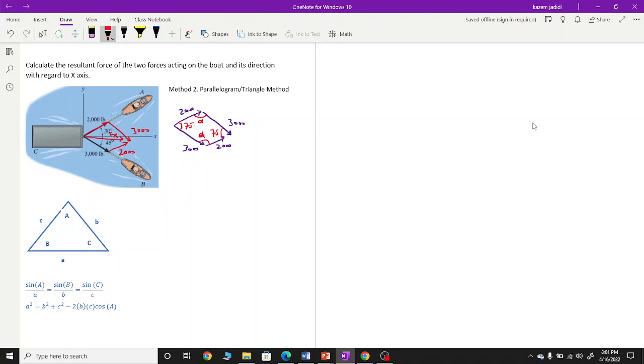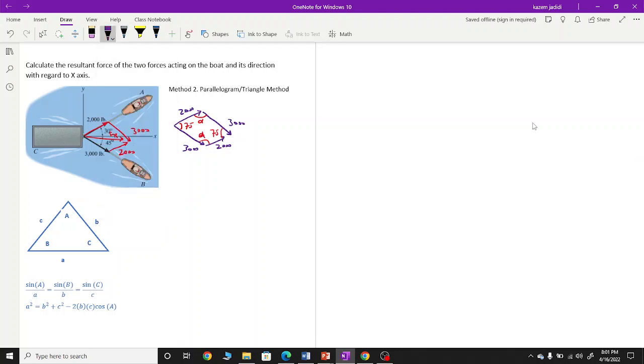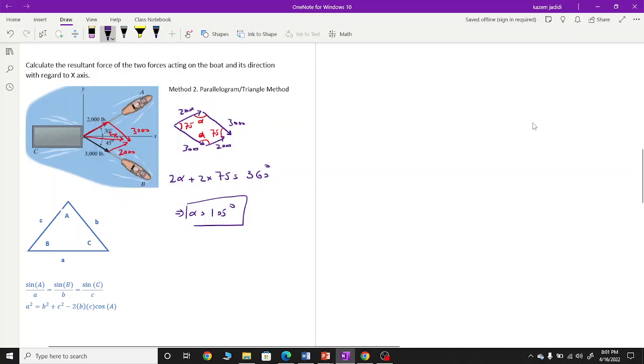I call them alpha. Also the sum of the internal angles of a parallelogram is 360 degrees. So 2 times 75 plus 2 alpha is 360 degrees, and if you solve it, alpha is going to be 105 degrees. Now that we know alpha, I'm going to draw half of this parallelogram, which means a triangle.